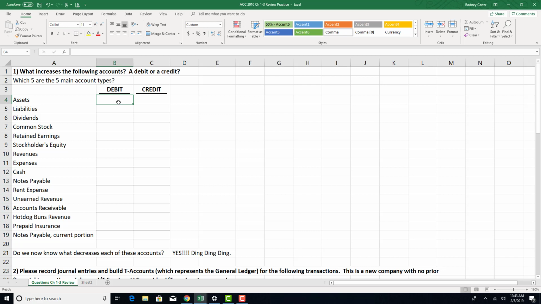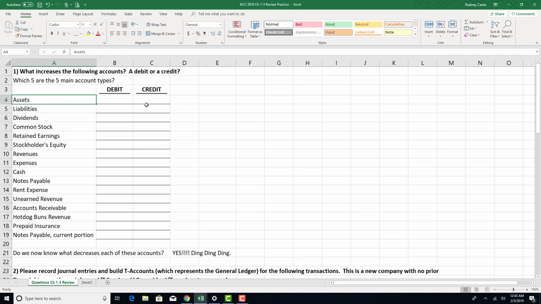I don't love pluses and minuses. I love thinking of things through a debit and a credit when we're dealing with journal entries. What's a debit? It's the left side of an account. It's the left column. What's a credit? It's the right column.